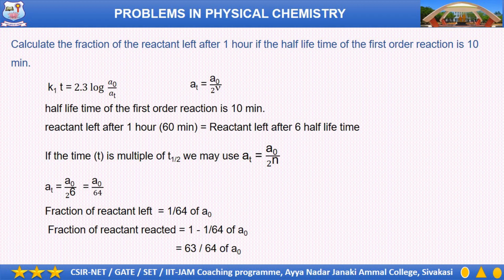What is 2 power 6? 2 power 3 into 2 power 3, which is 8 into 8 equal to 64. Therefore, A is equal to A naught by 64. 1 by 64th of A naught is left over.